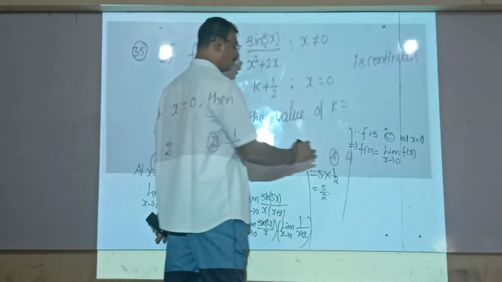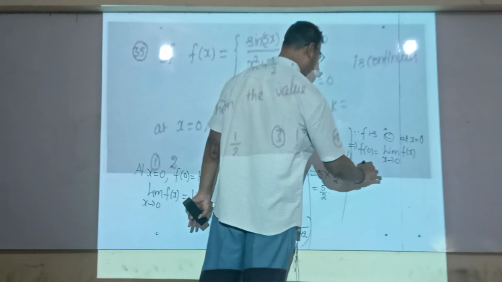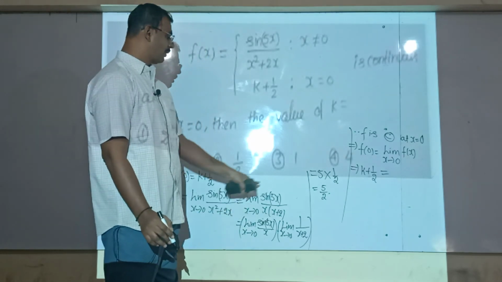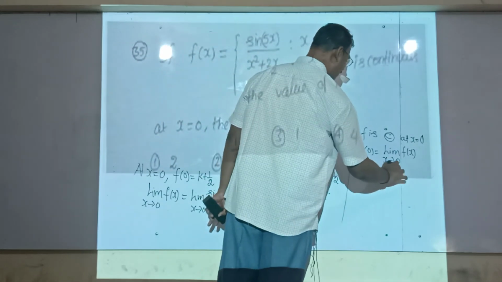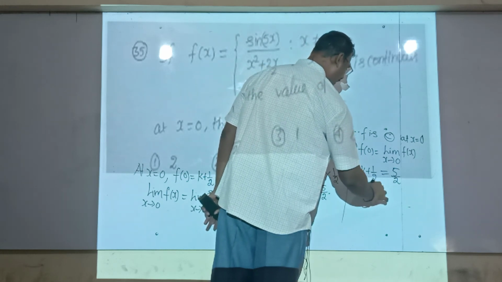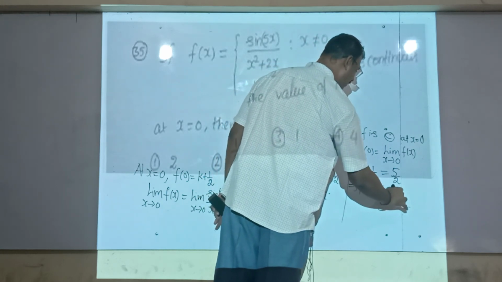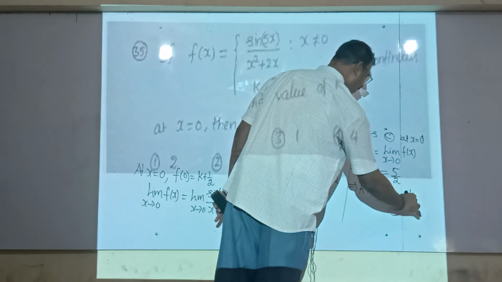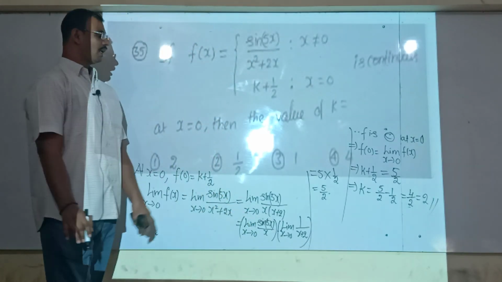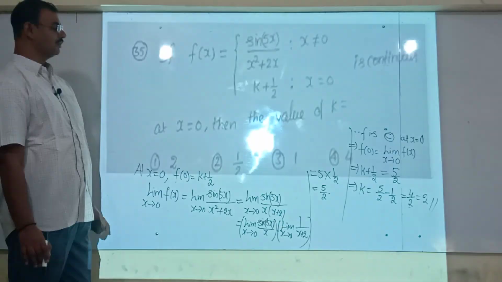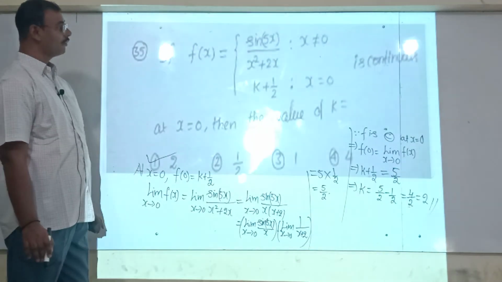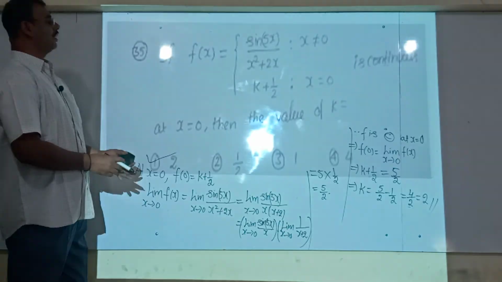F of 0 is equal to k plus 1 divided by 2, equals the limit of the function, 5 divided by 2. Simplifying, k is equal to 5 divided by 2 minus 1 divided by 2. Are you okay? So like this we have to solve the question.